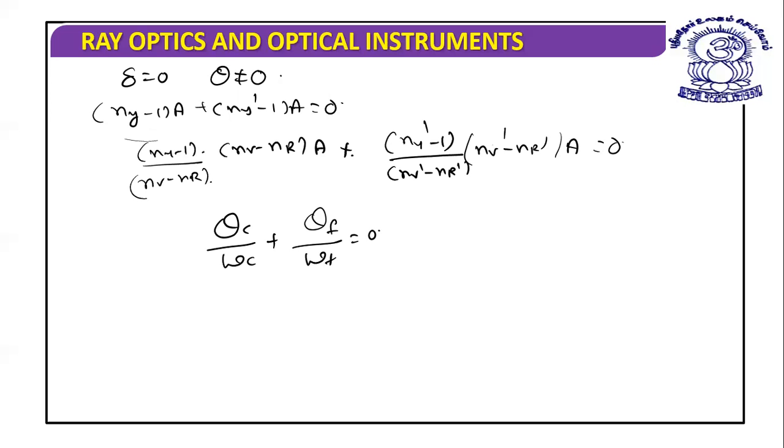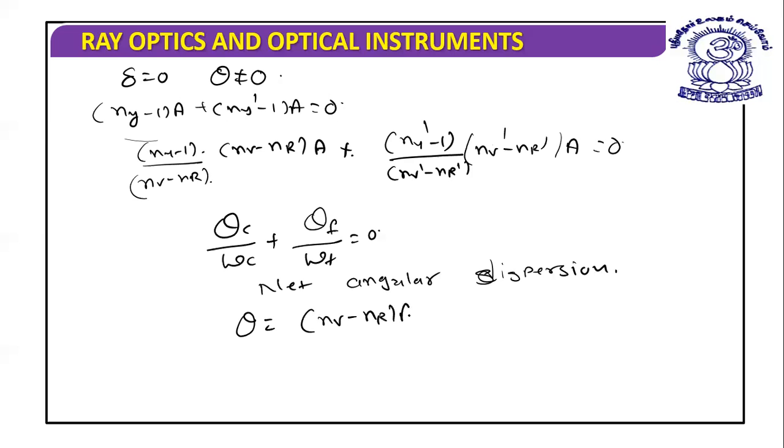In this case, the dispersion produced by the flint glass prism is opposite to the crown glass prism. So the net angular dispersion can be written as (Nv minus Nr) into A plus (Nv dash minus Nr dash) into A dash. Simply, theta is equal to theta 1 plus theta 2.